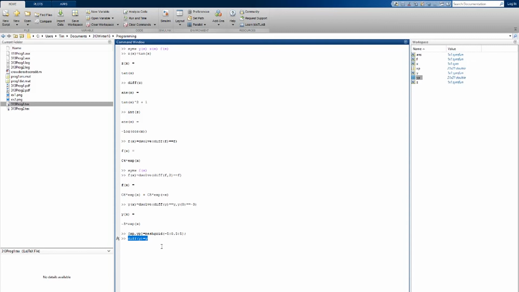But what directions do the arrows go? And to have some meaning with arrows, what we have to do is break this up into two different functions. Diff y is really like dy over dx equals y. So here's how I want you to think about this.